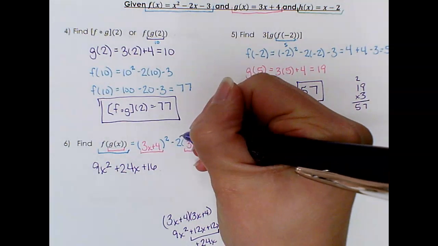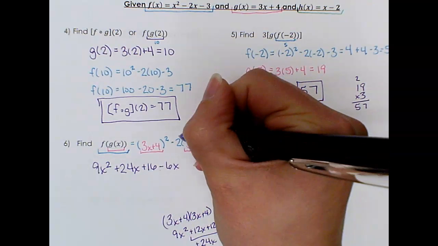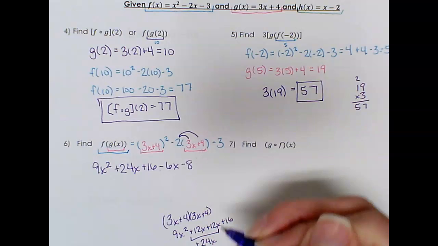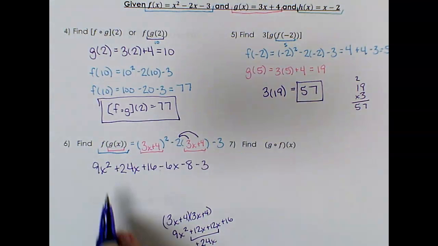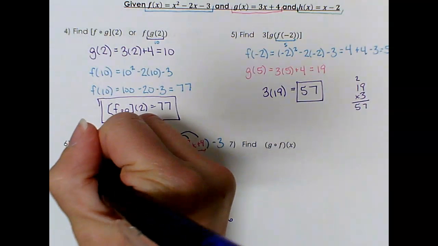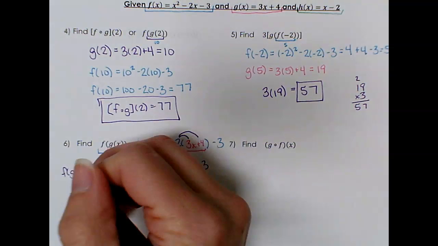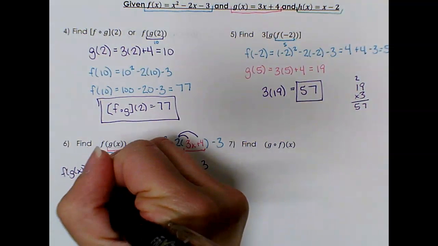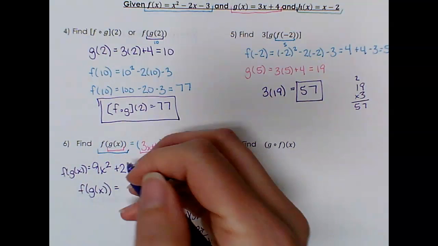I'm going to distribute this negative 2 to 3x, so minus 6x. And negative 2 times 4, that's minus 8. And then the minus 3 at the end. This is f of g of x. So when I combine like terms and get my final polynomial, I only have one x squared term, so 9x squared.